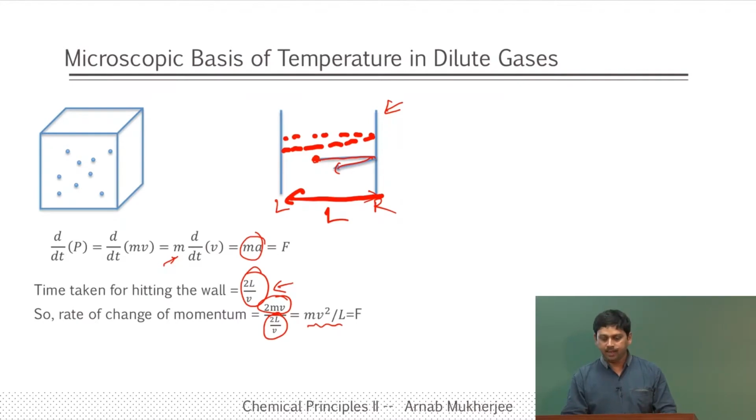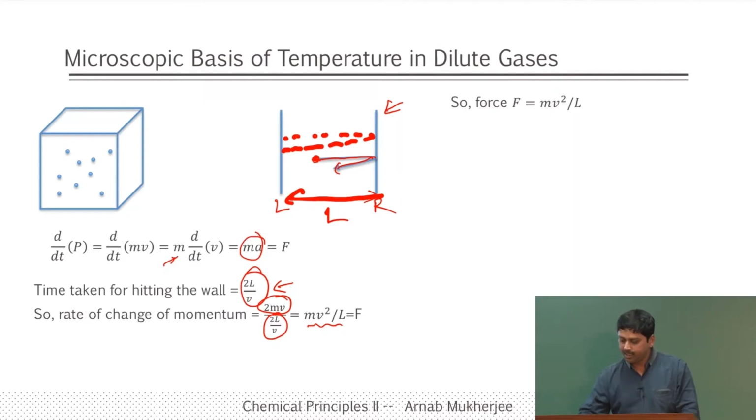So, now we know how much force is acting on one side of the wall. However, remember that in a cubic box there are 6 sides, and the force we have calculated is for only one direction. On average only 1/3 of the molecules will hit one side of the wall, because there are 3 different directions.